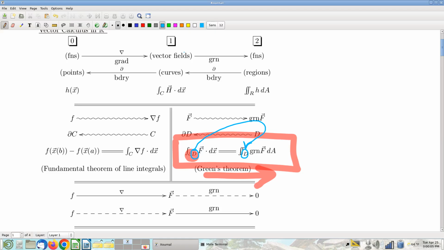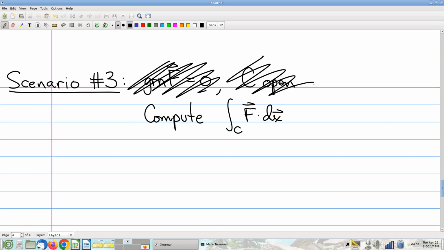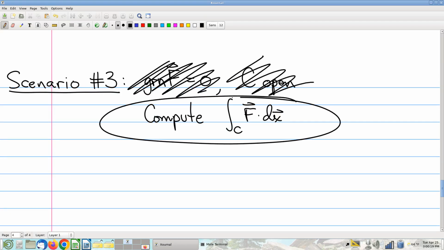So in that next scenario, here we go. And again, as a background, it's going to turn out that Green's operator is 0 and that the curve is open. But again, stated is just that we're computing a line integral in two dimensions. I should say here in R2. And so, again, students would very reasonably compute Green's operator.